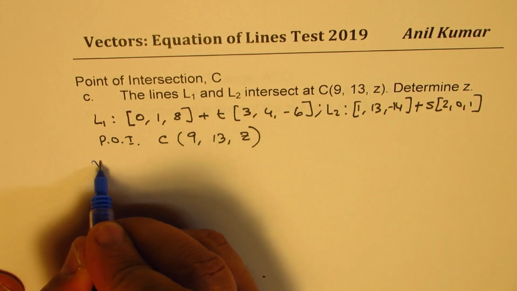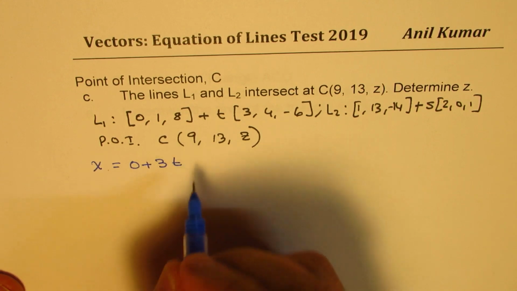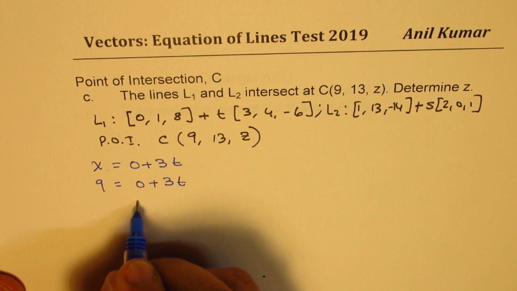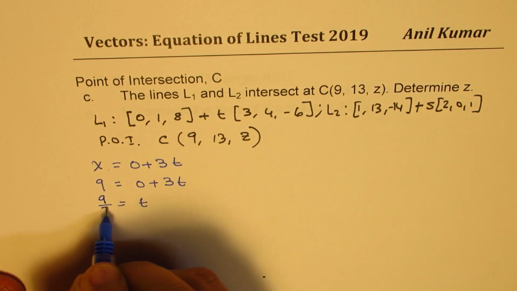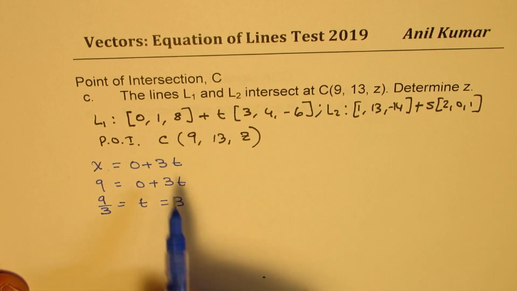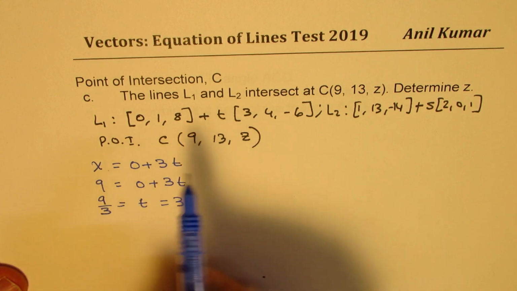From the first line, x equals 0 plus 3t. We know x is equal to 9. So 9 equals 0 plus 3t, which means t equals 9 by 3, which is 3. Since we know t is 3, we can substitute for z.